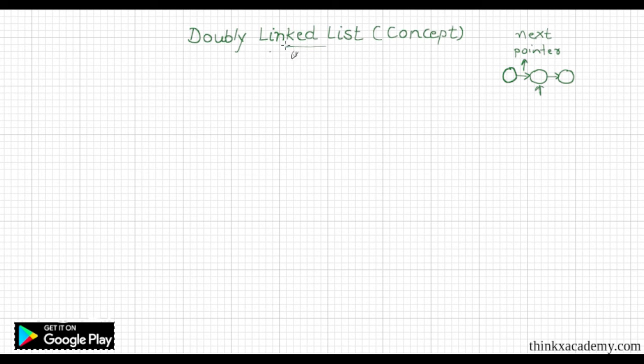So let's see what a doubly linked list is. I'm going to draw a visual diagram of the doubly linked list so that you will be able to understand why a doubly linked list is much better than a singly linked list. In a doubly linked list, we have nodes that contain data.